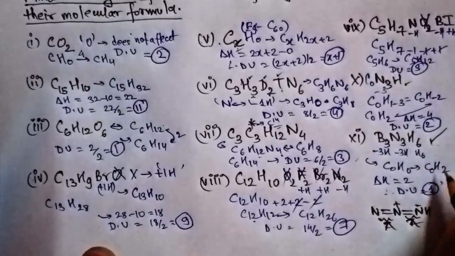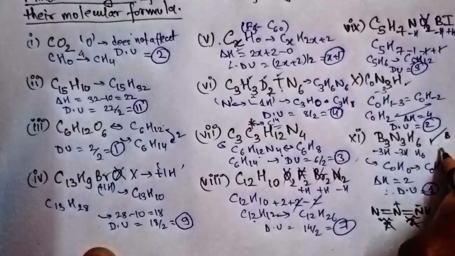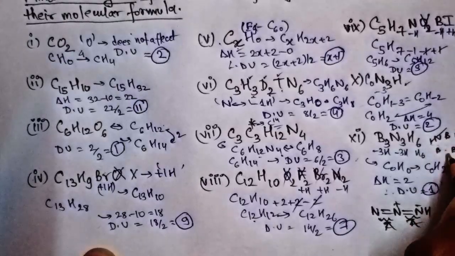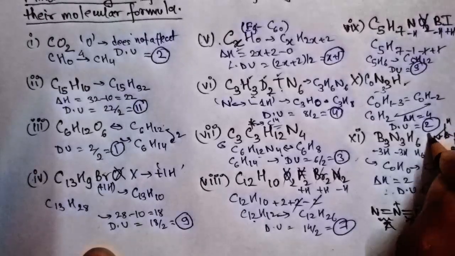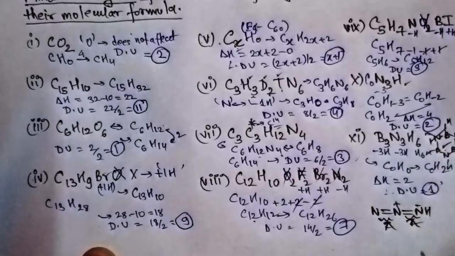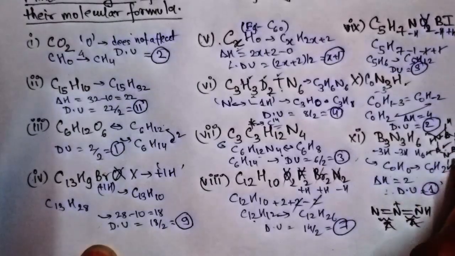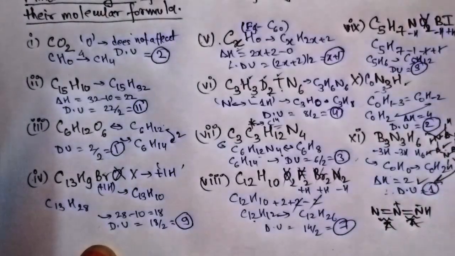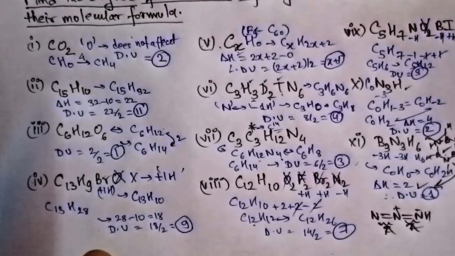The structure is as follows. It is B3N3, a cyclic structure, and with completing the valencies we find out that there is only one ring and no pi bonds, proving that 1 is the correct degree of unsaturation for the given molecule.